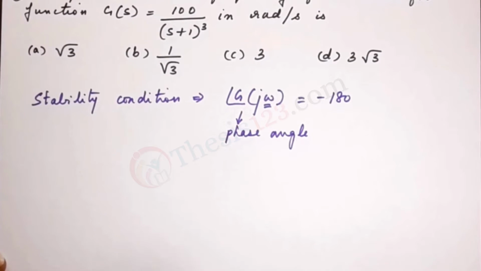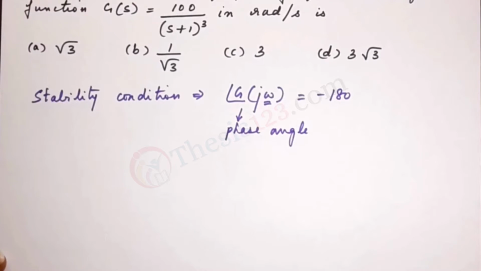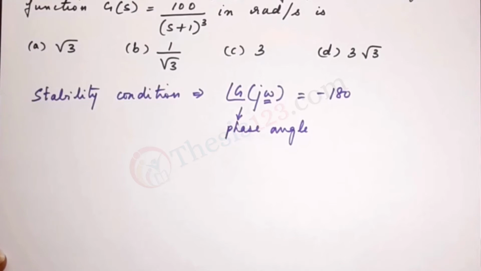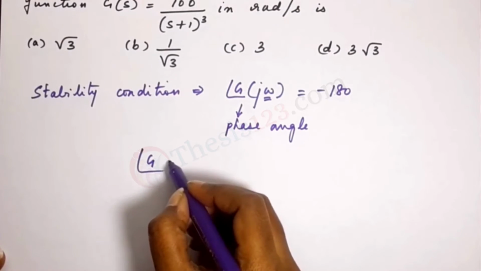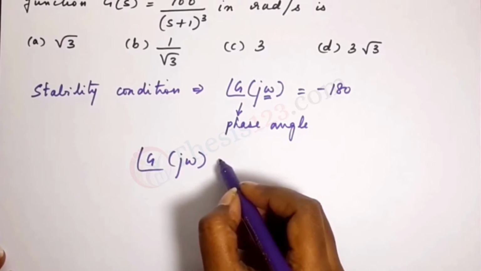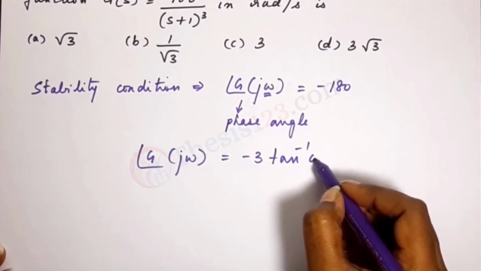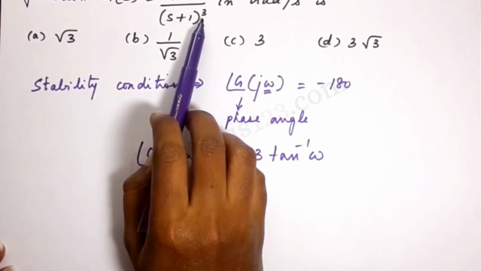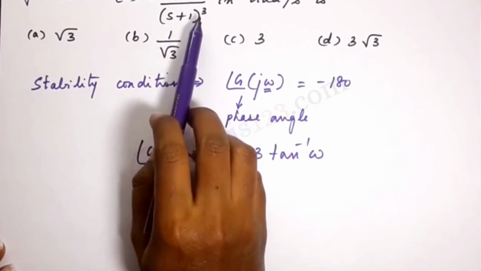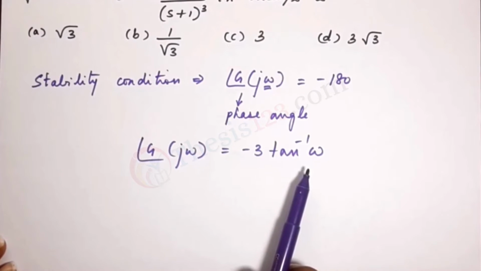Okay, so let's observe what has been given in the transfer function, which is 100 over (s plus 1) whole cube. Now this can further be written as the angle of g of j omega is equal to minus 3 tan inverse omega. Now that is because here we have the power as 3, 100 over (s plus 1) to the power of 3, giving minus 3 tan inverse omega.